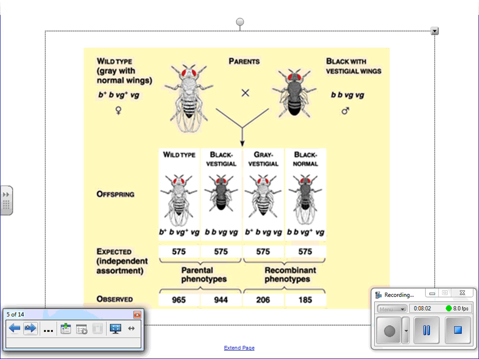So what they did was they took the parental phenotypes of a certain fly, and the phenotypes for these flies are gray and normal winged for females, and black and vestigial wings for males.